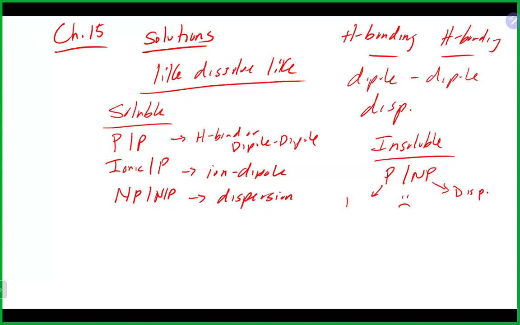The polar one is going to use either hydrogen bonding or dipole interactions. These are very different types of interactions, and they're just not going to be able to maintain that interaction and mix together. So we do see intermolecular forces playing a really big role in how one molecule can interact with another. As I mentioned, if they have similar types of interactions to what they do with themselves, they will be soluble with somebody else.